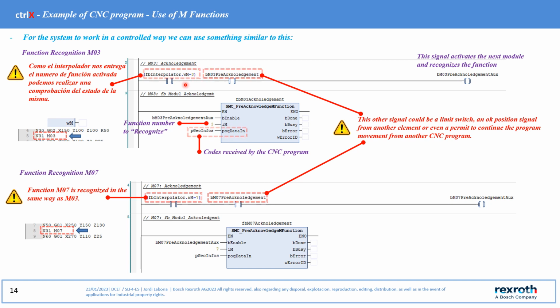We can generate its control. This can be used to control machine states, functionalities, detectors, limit switches, etc. In the example, both functions are controlled in the same way, each with its own acknowledgement button.